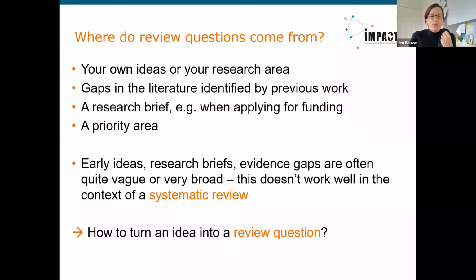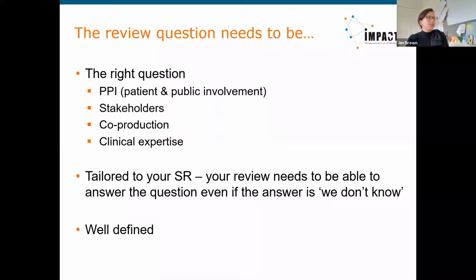Now, to do that, you need to consider what your review question needs to be. And that first point seems a bit silly almost, doesn't it? It needs to be the right question. By that, I mean that there's no point wasting energy and funding and time in answering questions that aren't relevant.